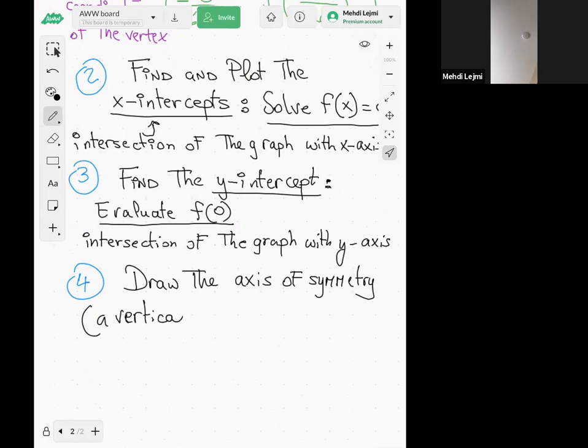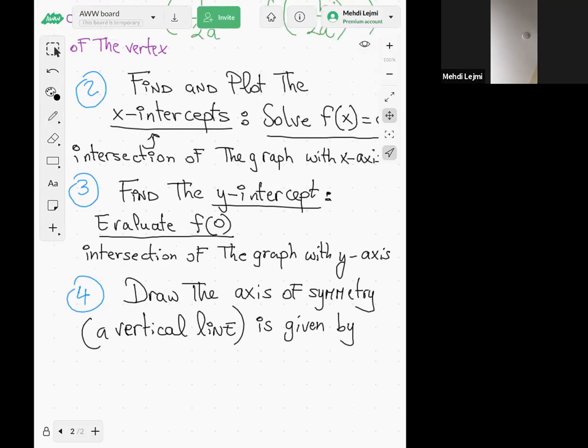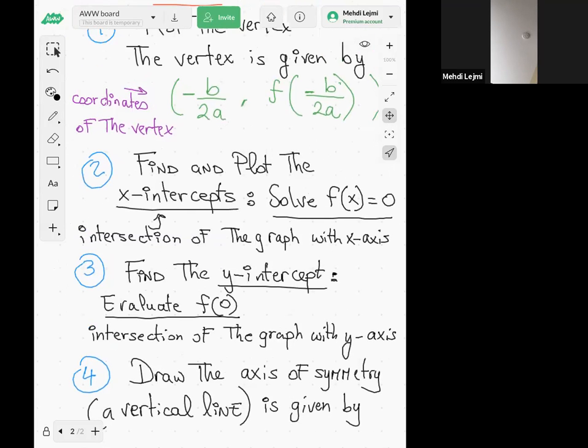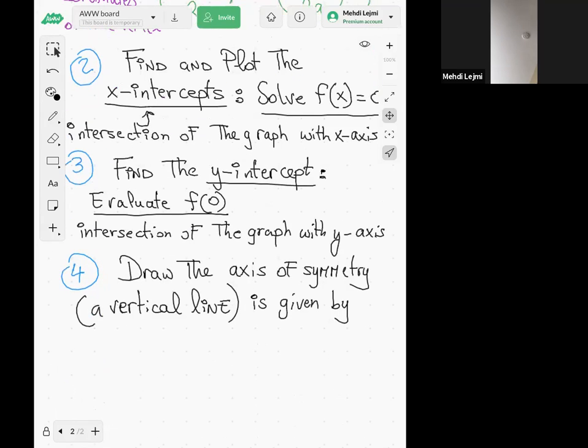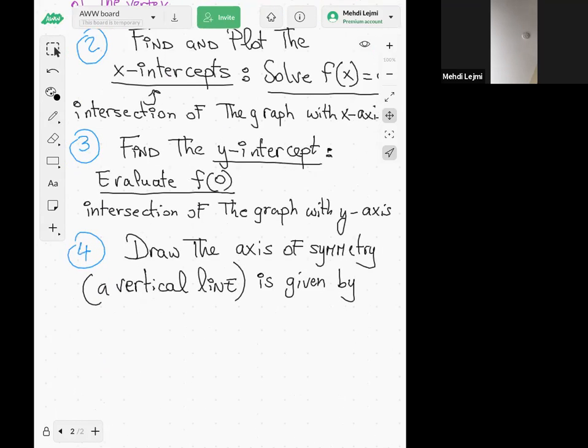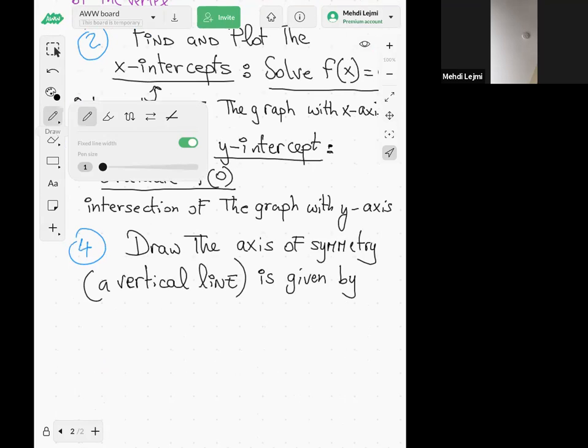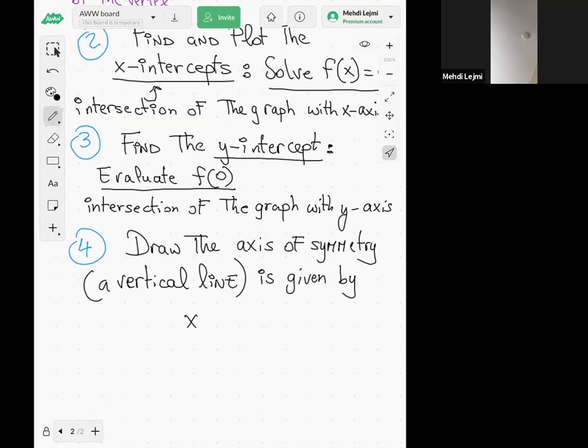We said it passes through the vertex. The x coordinate of the vertex is minus b over 2a, so that will be the same equation for the axis of symmetry. So x equals minus b over 2a.